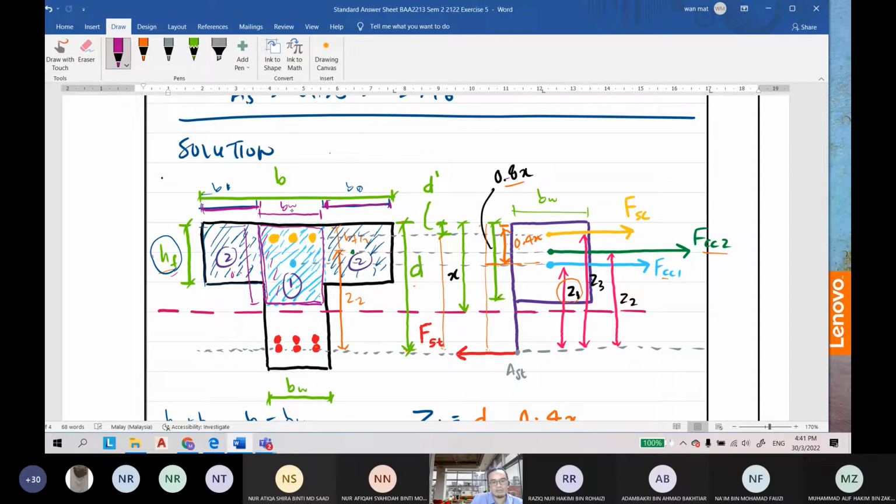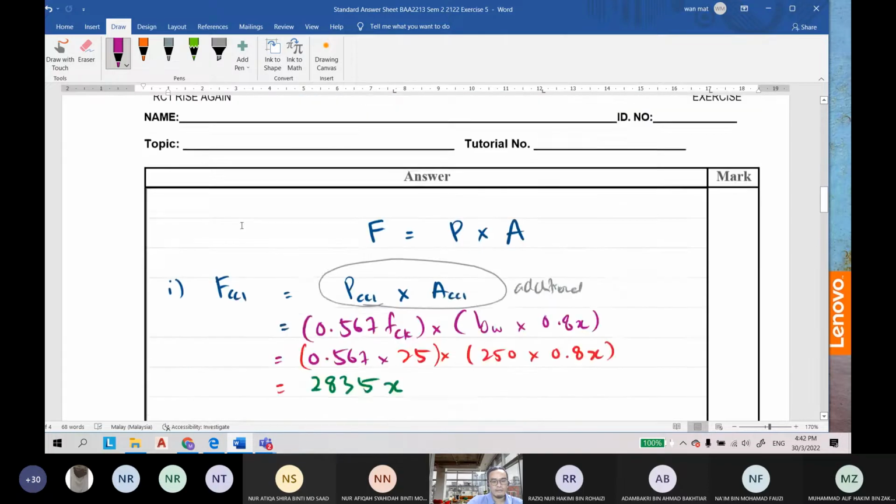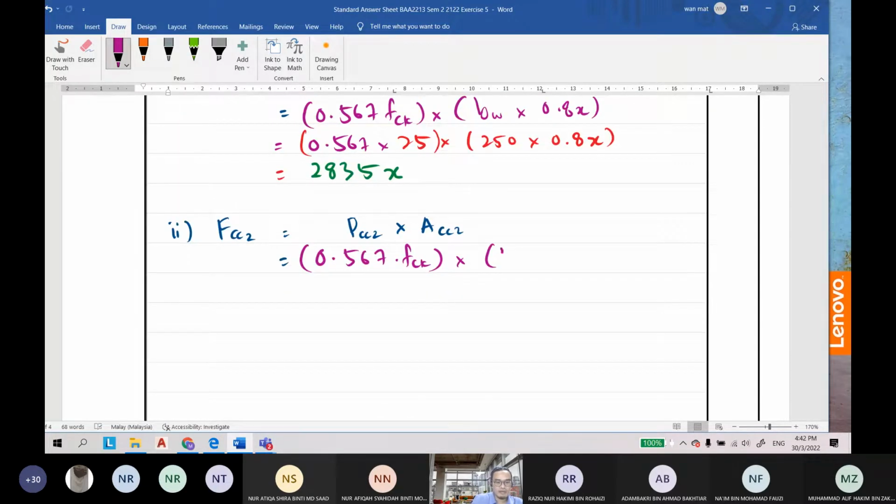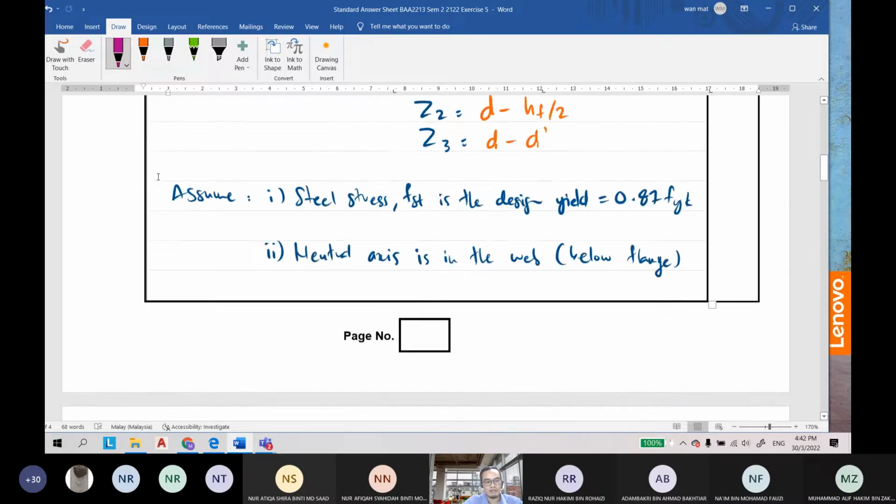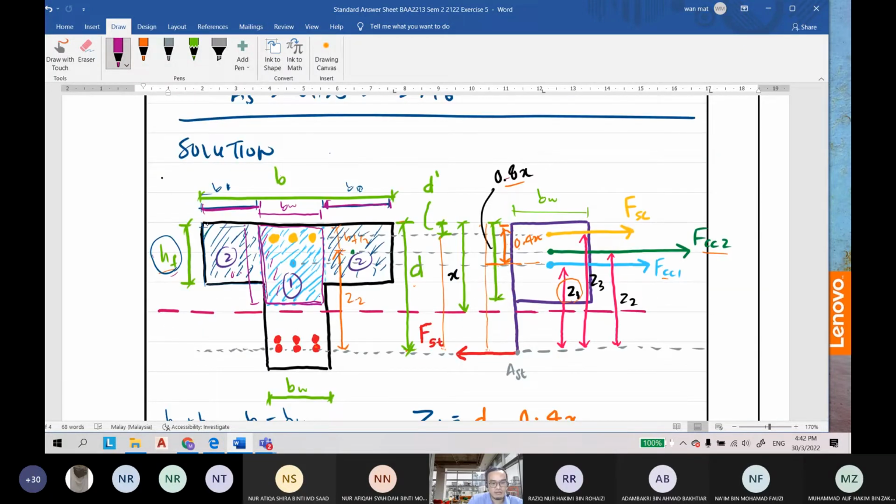So B minus BW is equal to B1 plus B2, multiplied by HF, because HF is here. The area is this side multiplied by this side.